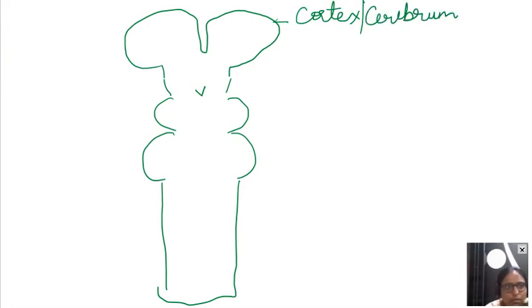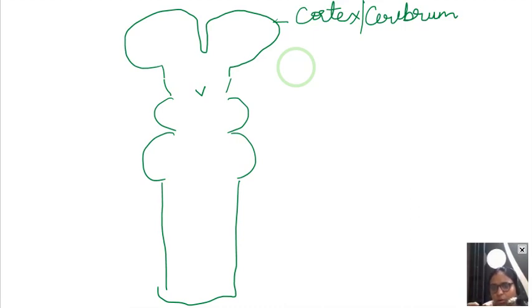Now we will see the origins, from where this tract originates. These have many origins. The first origin is area number 4, your primary motor area. Then your premotor area, then your supplementary motor area, and the areas of the frontal lobes.